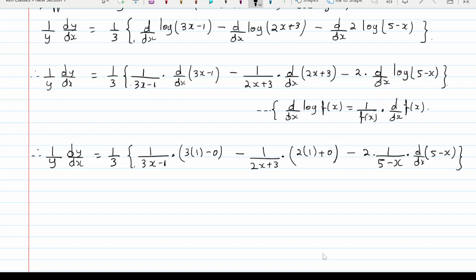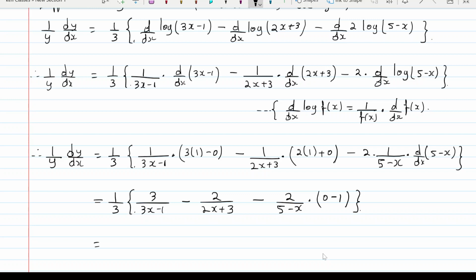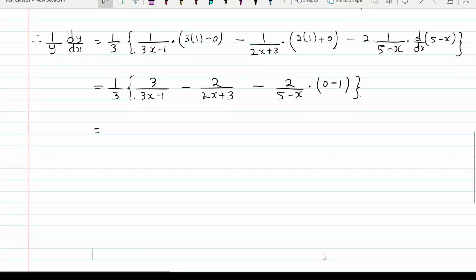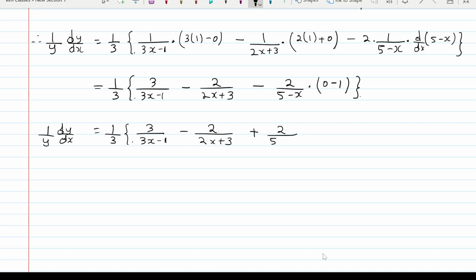So that becomes, you are not able to see as much. Okay. So this is equal to 1 upon 3 into 3 upon 3x minus 1 minus 2 upon 2x plus 3, and this is minus 2 upon 5 minus x into 0 minus 1, okay, which is equal to 1 upon y dy by dx is equal to 1 upon 3 into 3 upon 3x minus 1 minus 2 upon 2x plus 3 plus 2 upon 5 minus x, and therefore dy by dx is equal to 1 upon 3y.